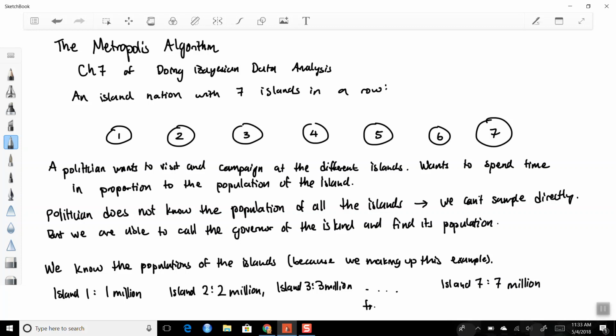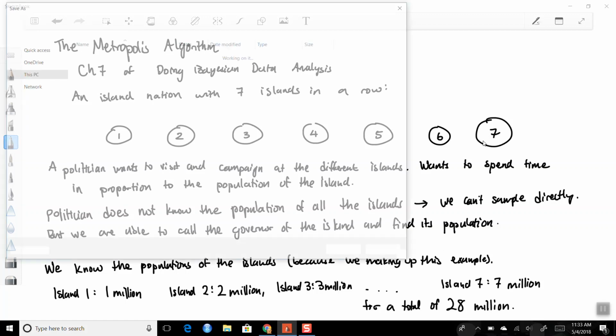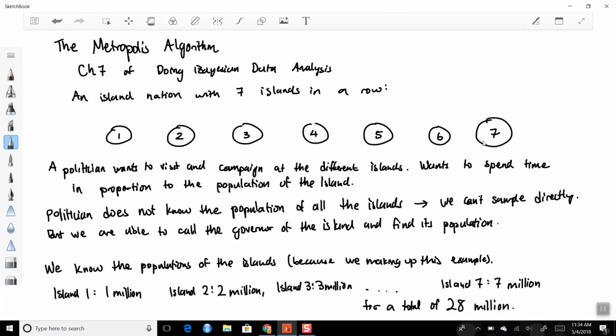Okay, for a total of 28 million people. I think if you add up 10, 15, 21, 28, yeah. All right, is that okay? So each island basically has whatever island number it is, that's how many people live there.